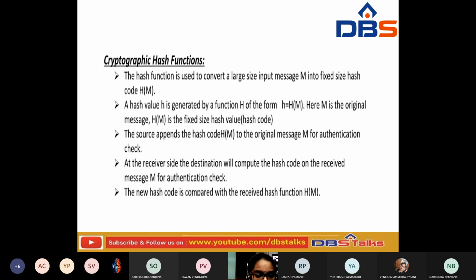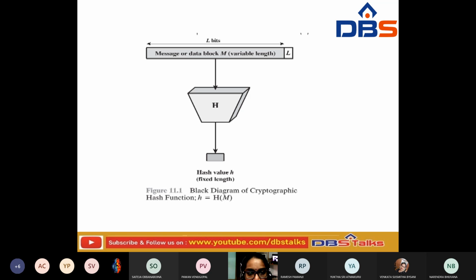We have already said the hash function is used to convert a large size input message into a fixed size. If you observe this image, this is a message or block of data having L bits. In computers we have to convert data into bits.